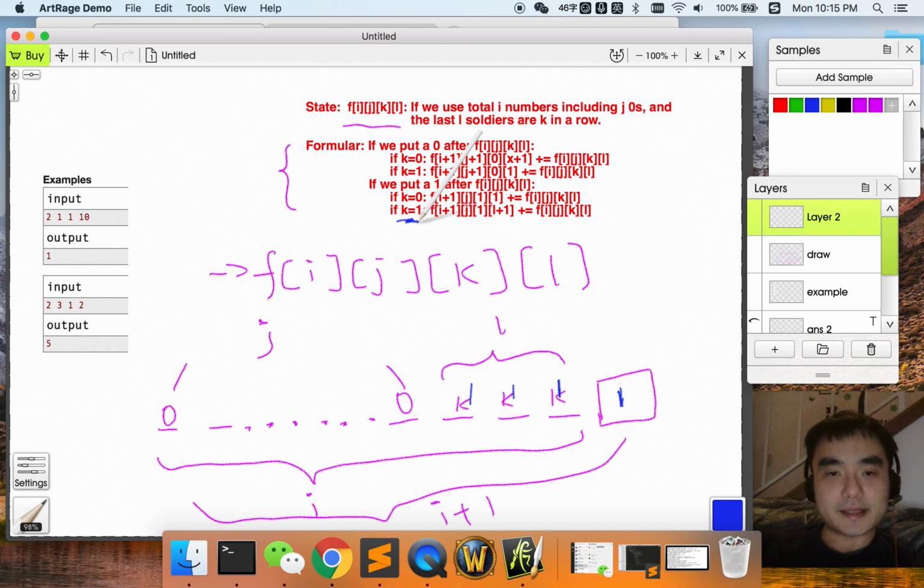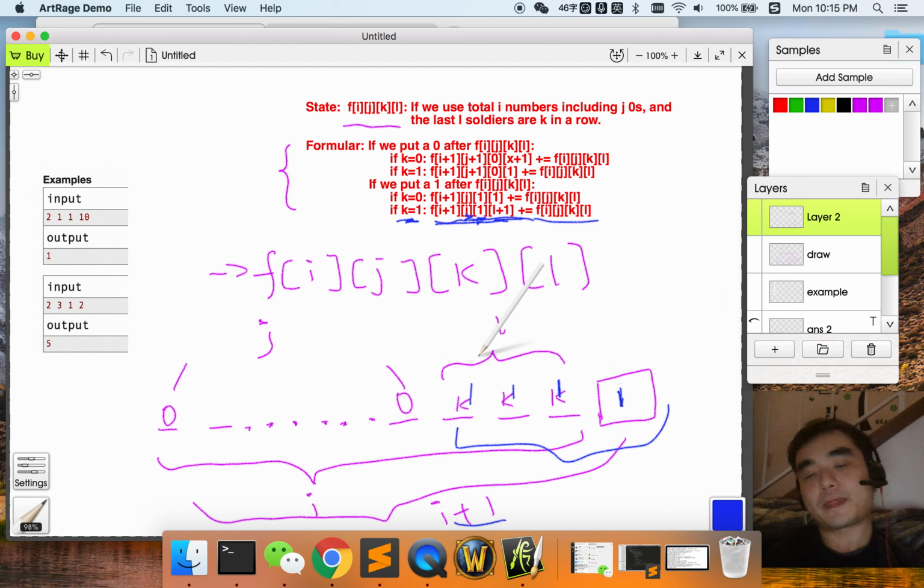So the state transfers into this one, right? We got i plus 1 numbers, and the number of zeros is still j, and the last L plus 1 numbers are 1, right? So we add the value into this state, right?